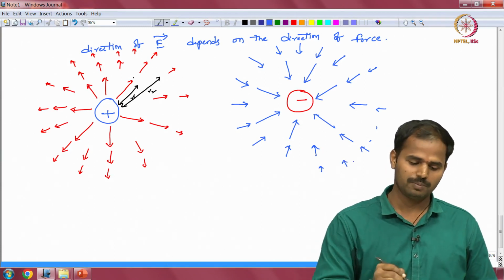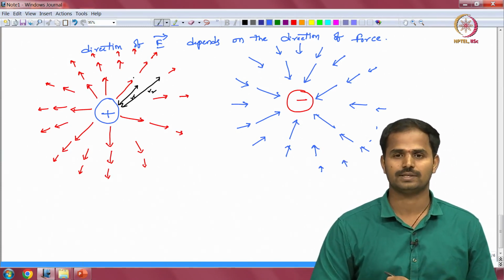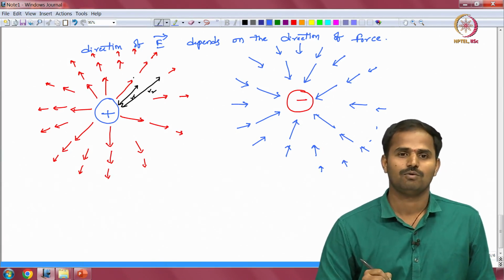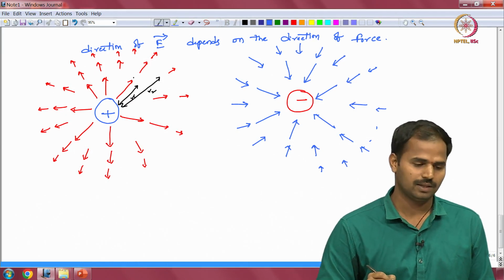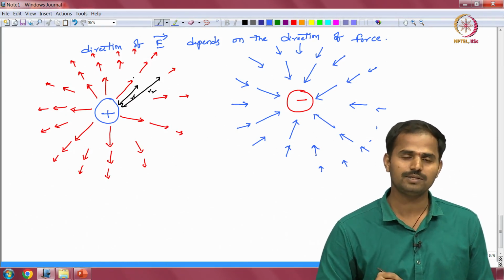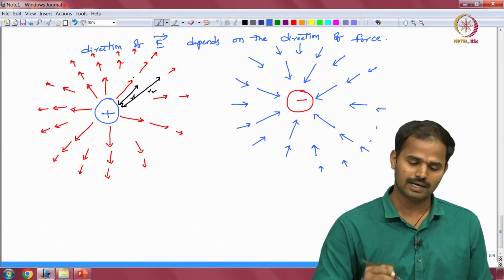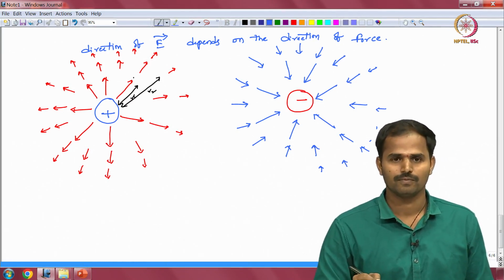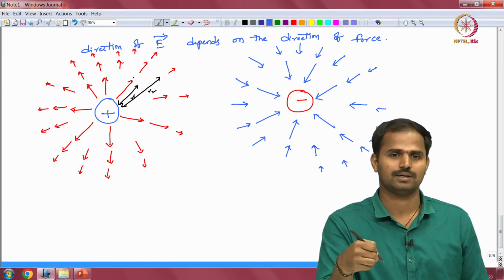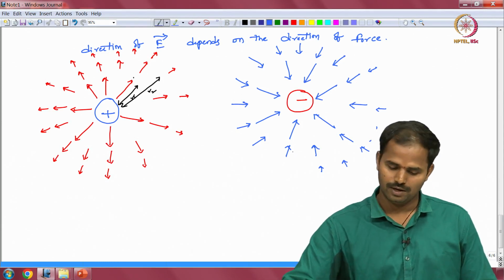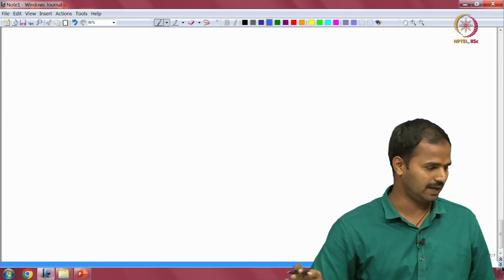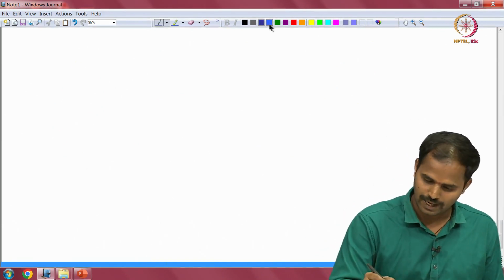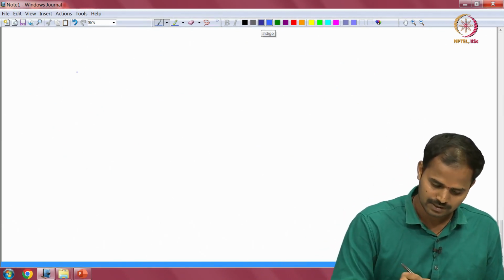And we have represented here the electric forces. We will see the field lines with respect to the force. The force as well as the electric field are both in the same direction as per the equation we discussed earlier. Now we will see how the electric fields look. Electric fields are also the same as the force.